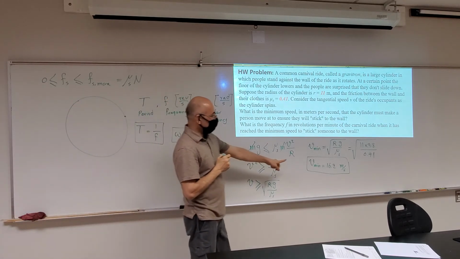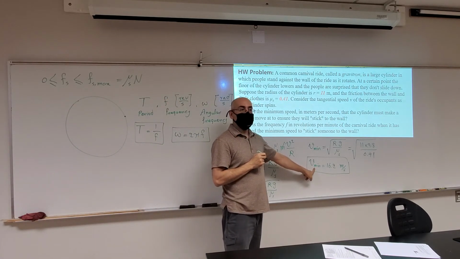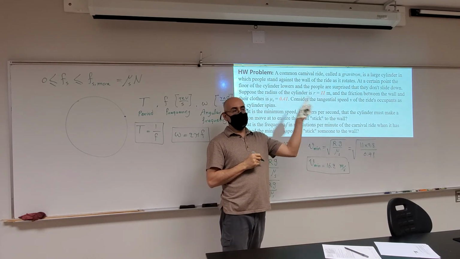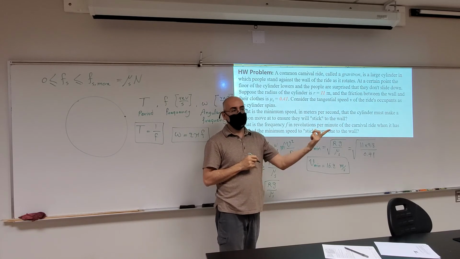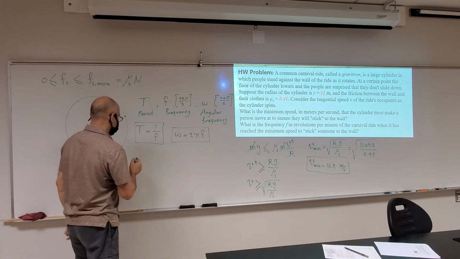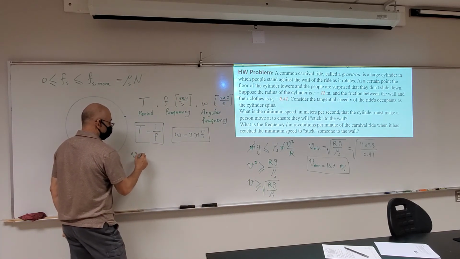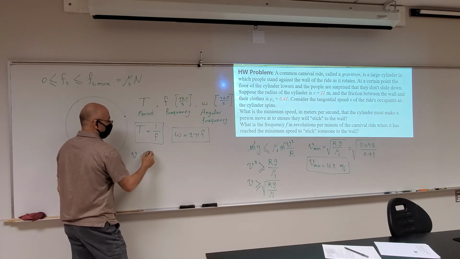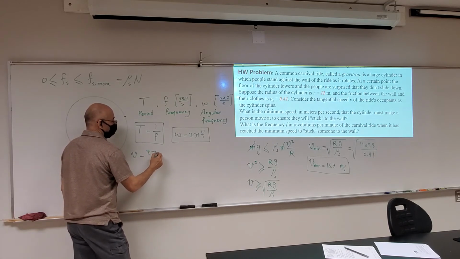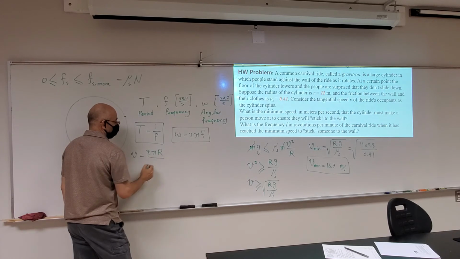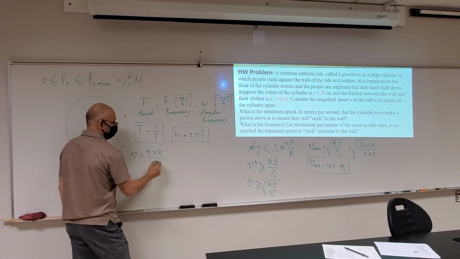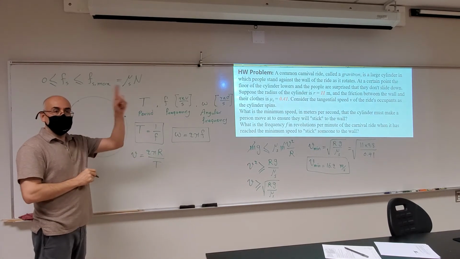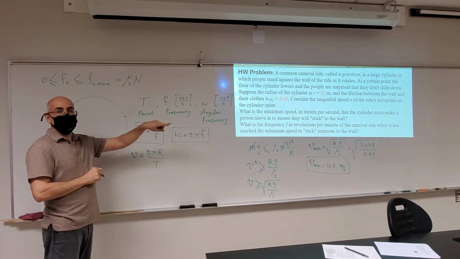Now we have a velocity or a speed, and it is for going around a circle. We can find the period, right? We say the speed is equal to 2 pi r divided by T, right? The distance is one circumference, 2 pi r.